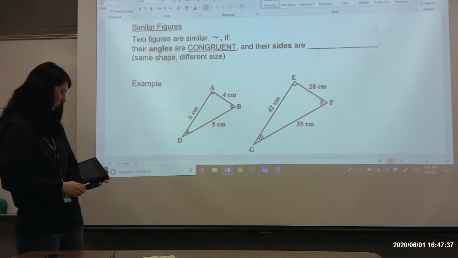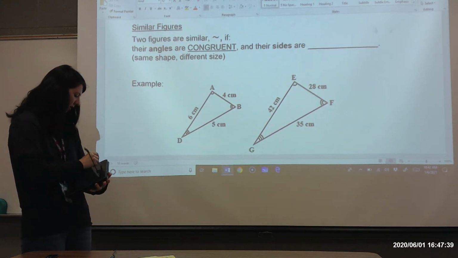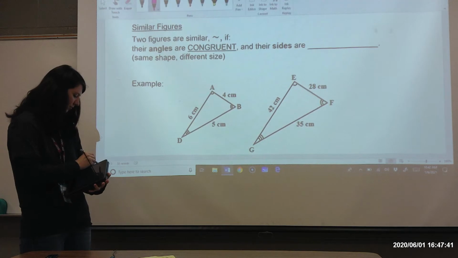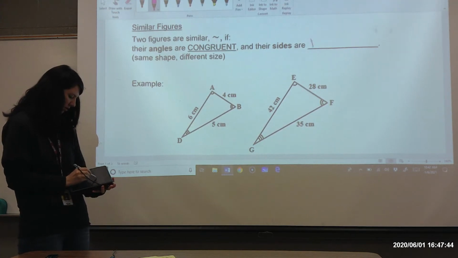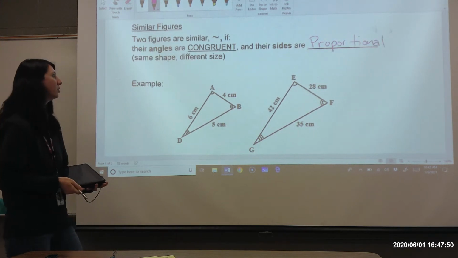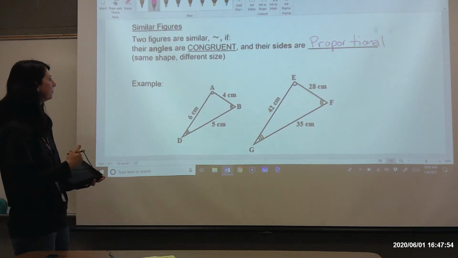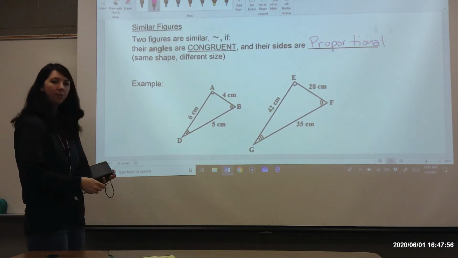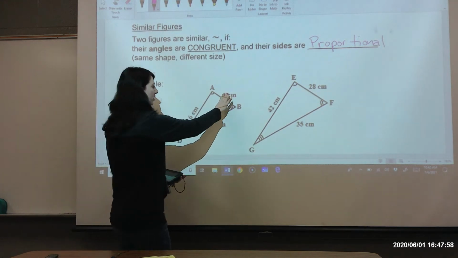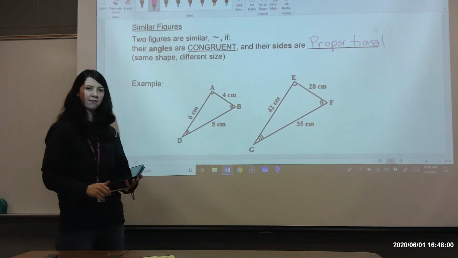That's where we're going to focus today, the fact that the sides are proportional. We can use that information to help us solve for missing sides in these problems. And remember, proportional means that we have the same scale factor. So in this problem, we were multiplied by 7.